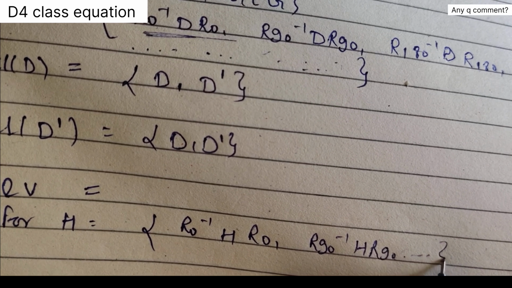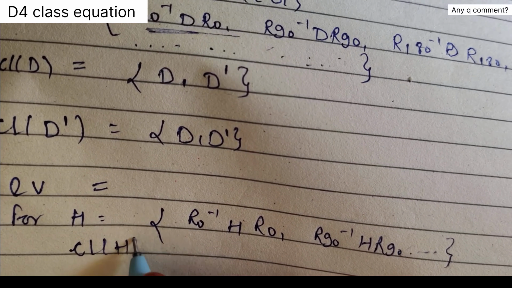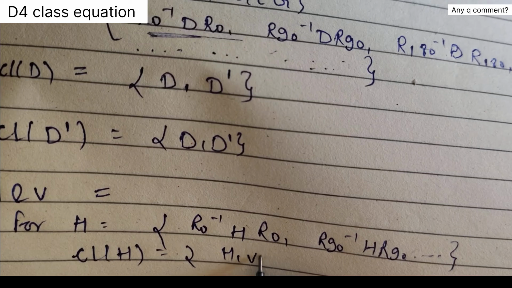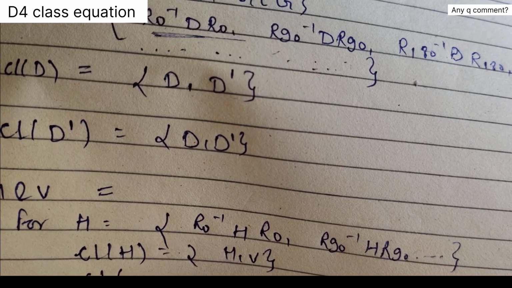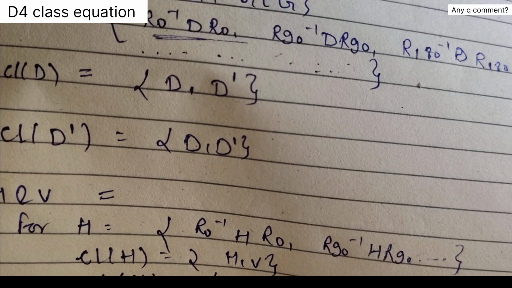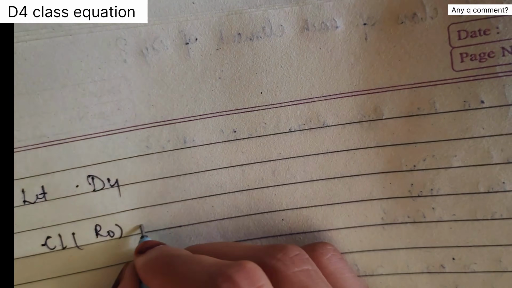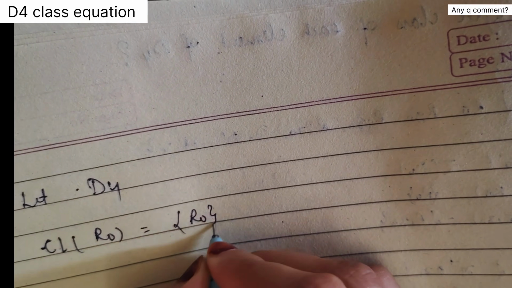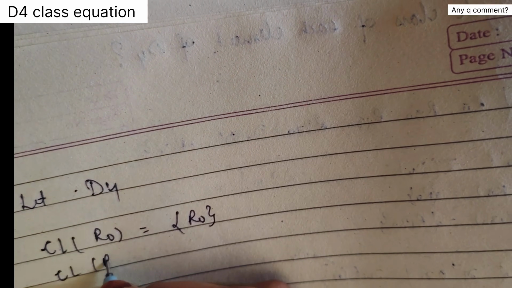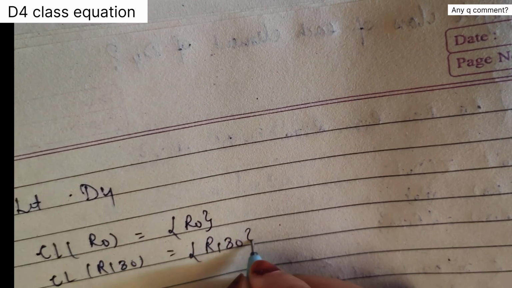Solving for all the cases, we get the class of H equals H and V only, and the same goes for V. The classes: R0 is itself, R180 is itself.